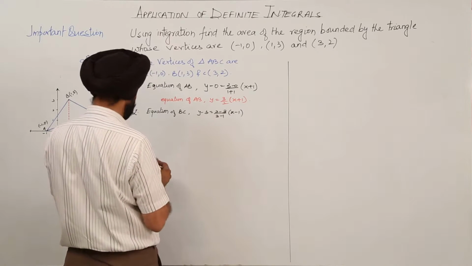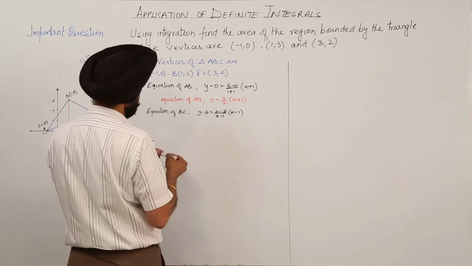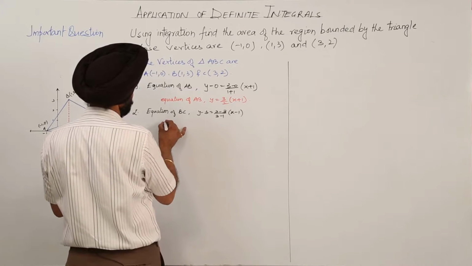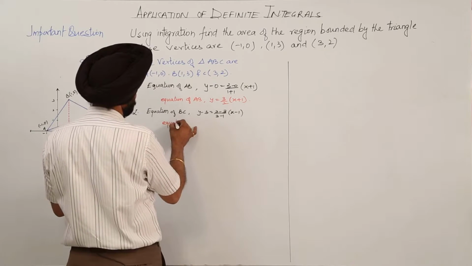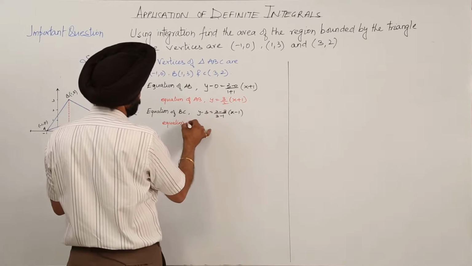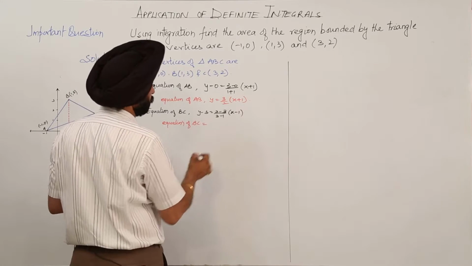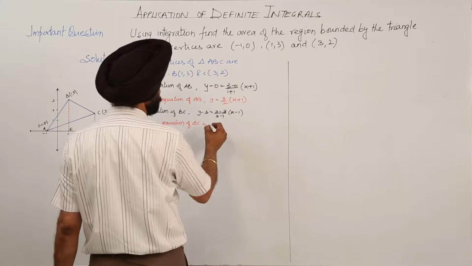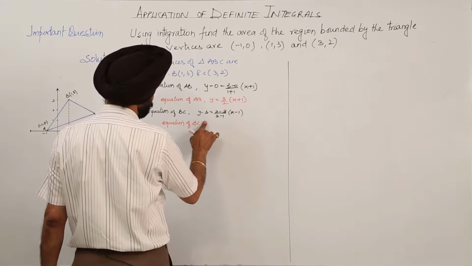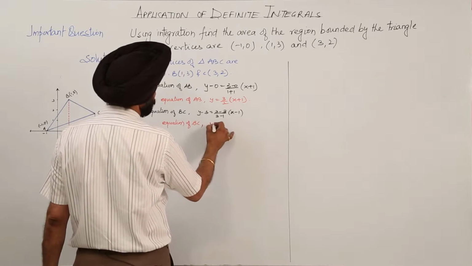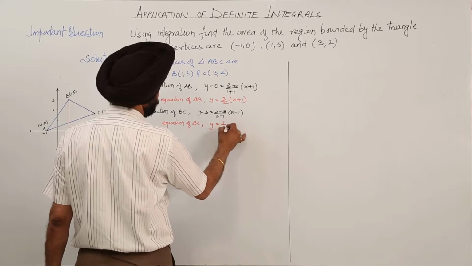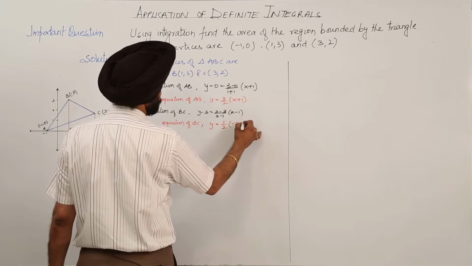Okay. Now on solving, the equation of BC is y equal to 1 upon 2 times (minus x plus 7).